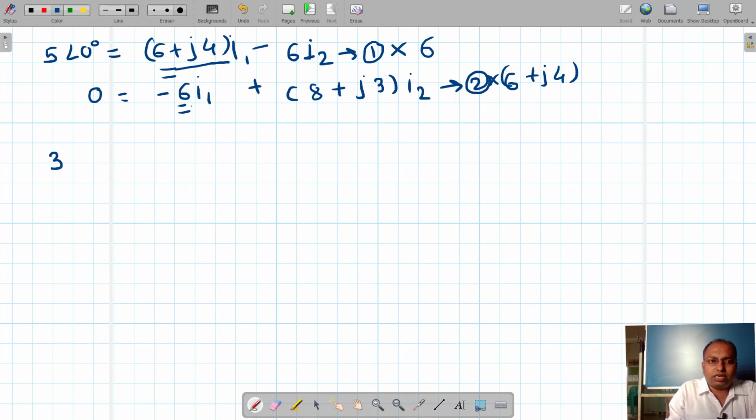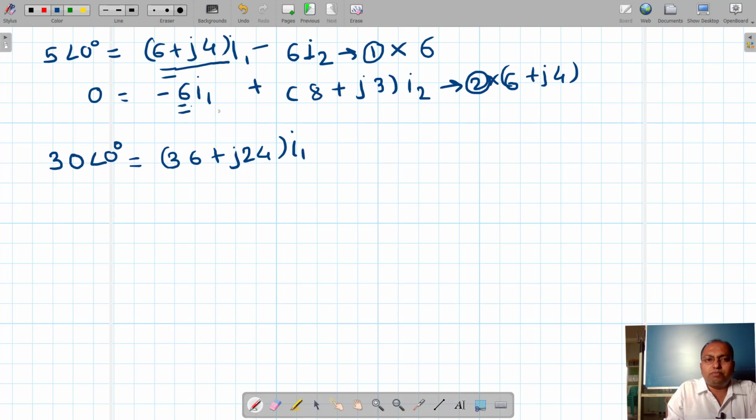As there is no angle for this 6, I write it as it is. Then 6 sixes are 36 plus 6 fours are 24, I1.